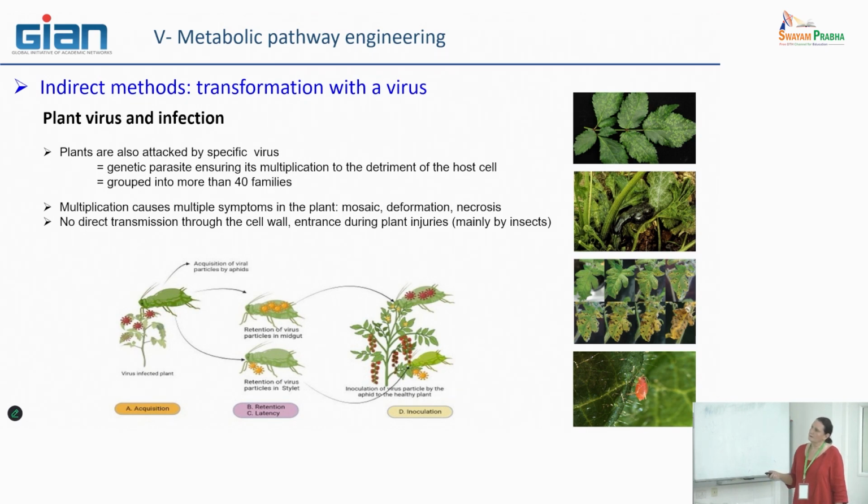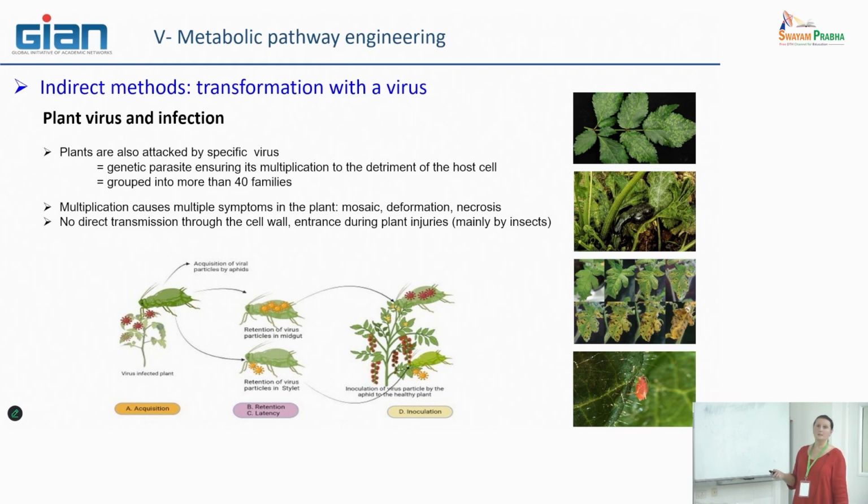They can have specific symptoms that you know very well, or that people working in agriculture know very well, because they are quite easy to observe. There is what we call mosaic, which means that some parts of the leaf or of the stems are decolorated, meaning that the virus is particularly active in this place. You can also have deformation of, for example, vegetables when they are producing, but not only.